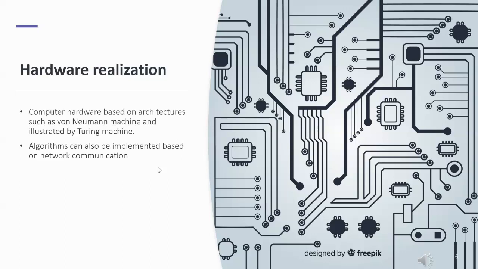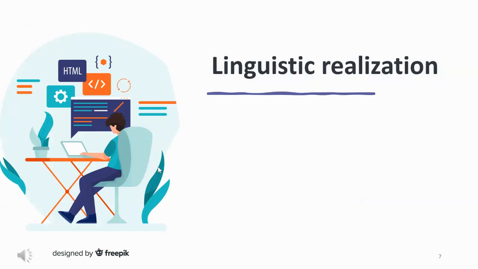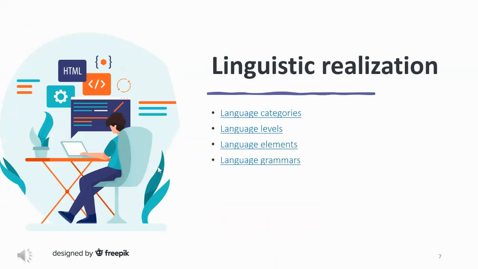Algorithms can also be implemented based on network communications. Algorithm implementation is also based on linguistic realizations because the language must support implementation of algorithms. So about linguistic realization, we'll discuss language categories, language levels, language elements, and language grammars.